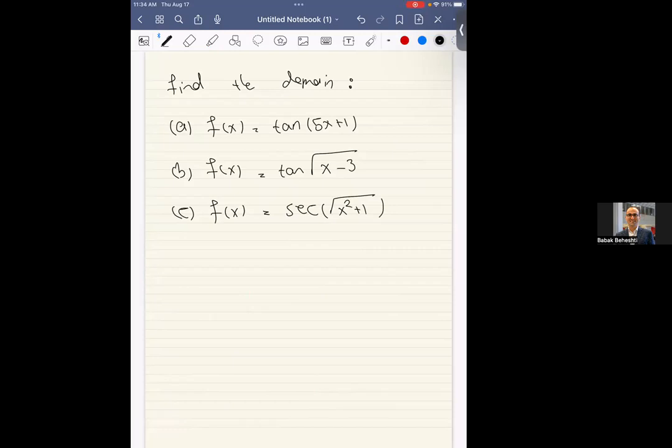So for example, for part A, we know that the domain is anything except that, so 5x plus 1 cannot be equal to odd multiples of pi half.